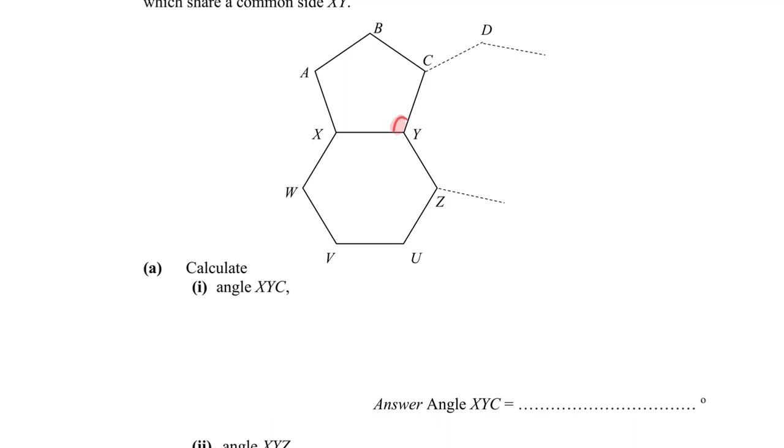So from here, I would then be able to get this angle XYC. The sum of interior angles in any polygon is 180 times n minus 2, where n is the number of sides.